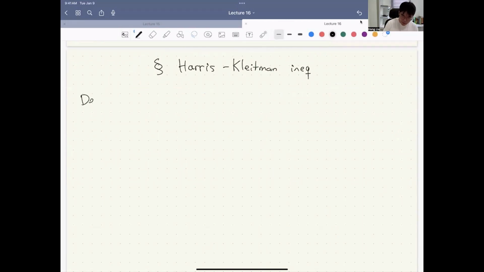So define, if we have a system of sets, F is a set system, it is an intersecting family. Here the definition might be a little bit confusing. Let me first write it.